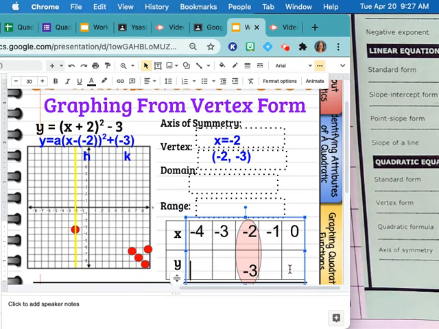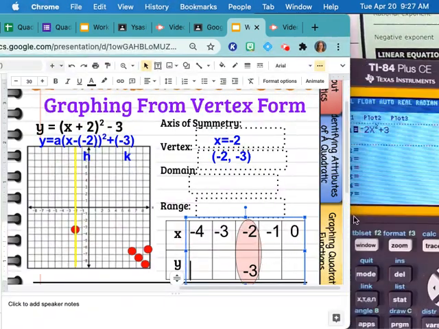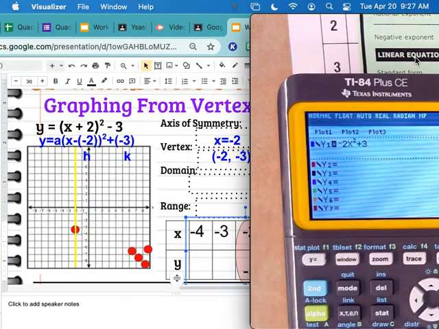If I was doing this by myself, how would I find y values that match those? The table from where? Calculator. All right, so let's go ahead and put this into y equals so we can fill in the rest of that table and graph it. So this would be x plus 2 squared minus 3.